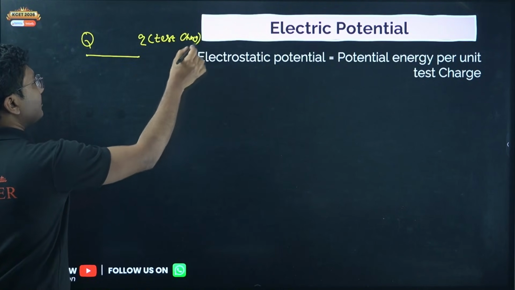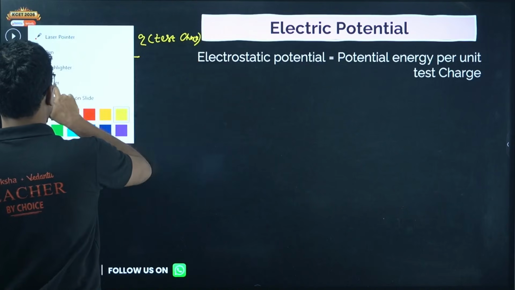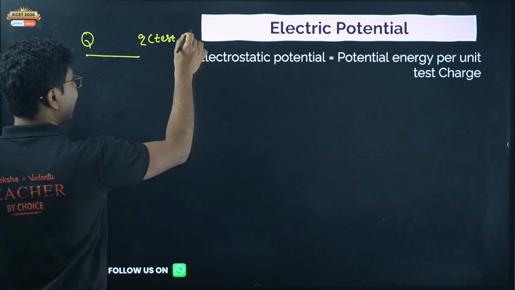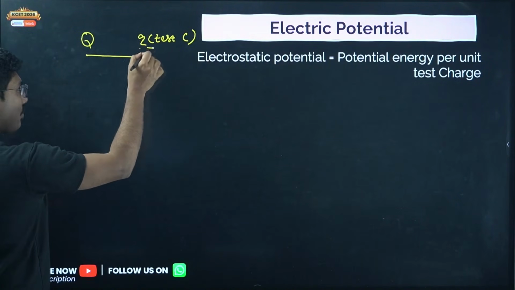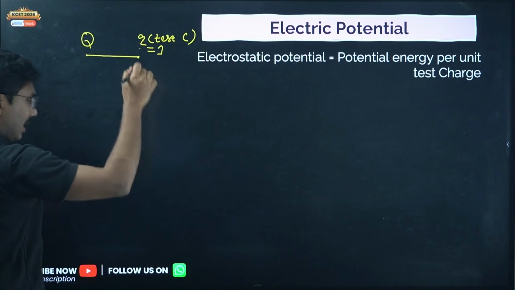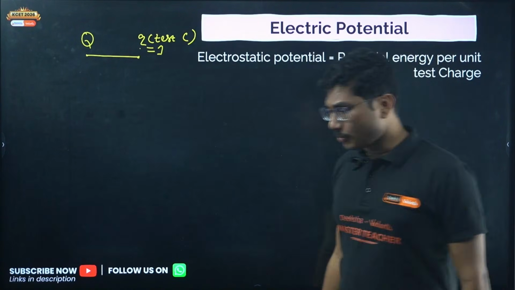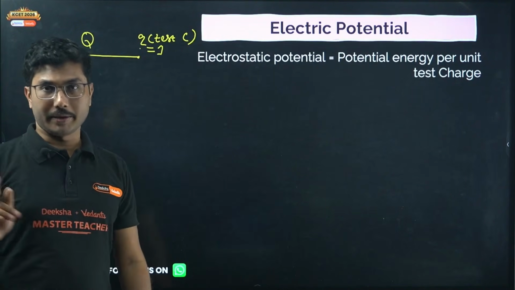Please forgive my spelling, let me write test charge. Now if you can somehow make this charge 1, then whatever energy you get will be the potential. So potential is only when you are moving a particular charge which is 1.